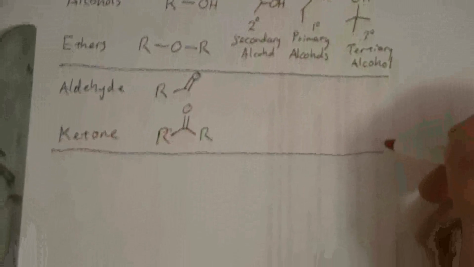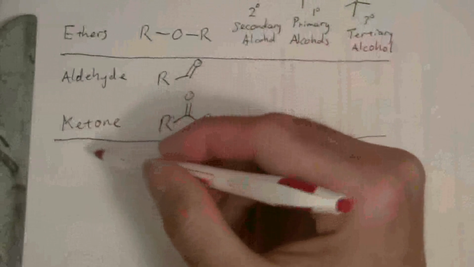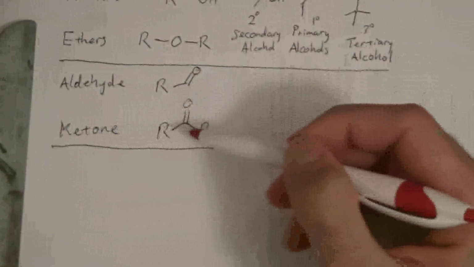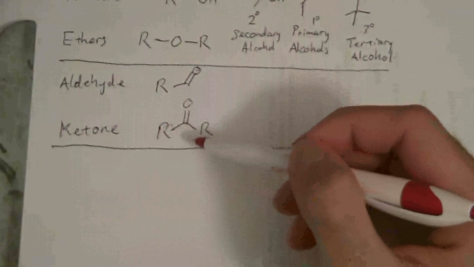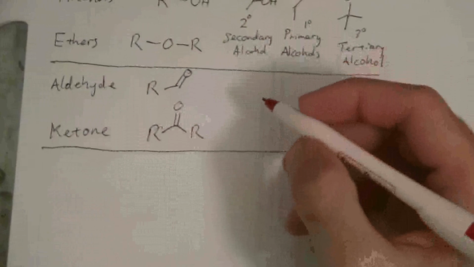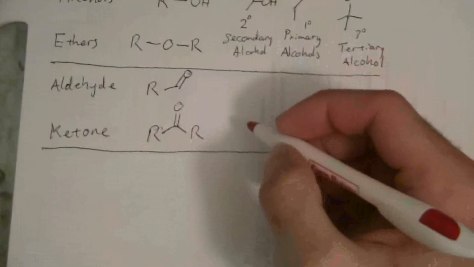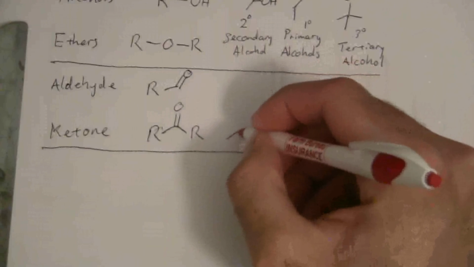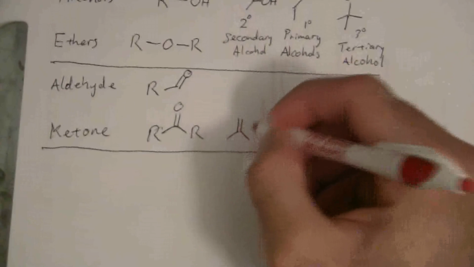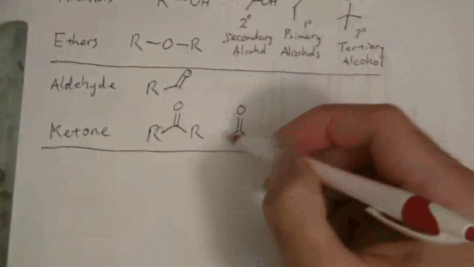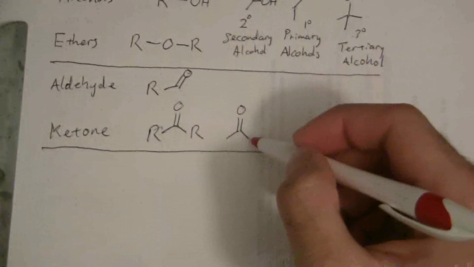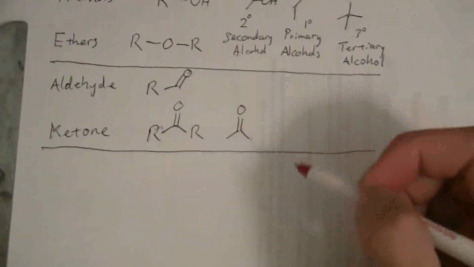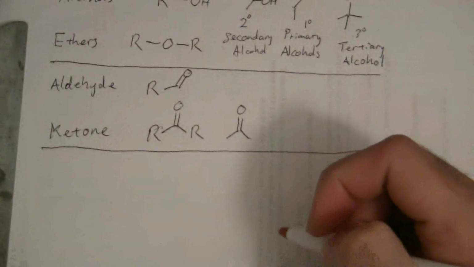And by the way, a very common ketone is acetone. Acetone has just two methyl groups attached to that carbonyl carbon.